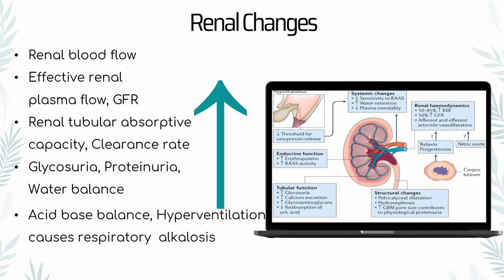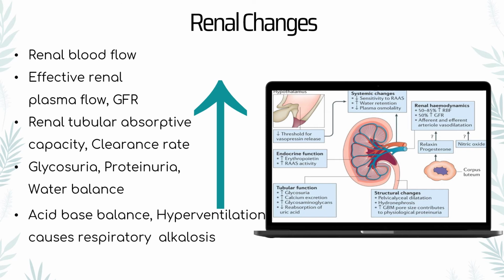And then acid base balance. Hyperventilation during pregnancy results in respiratory alkalosis. The kidney compensates for it by excreting more bicarbonates.